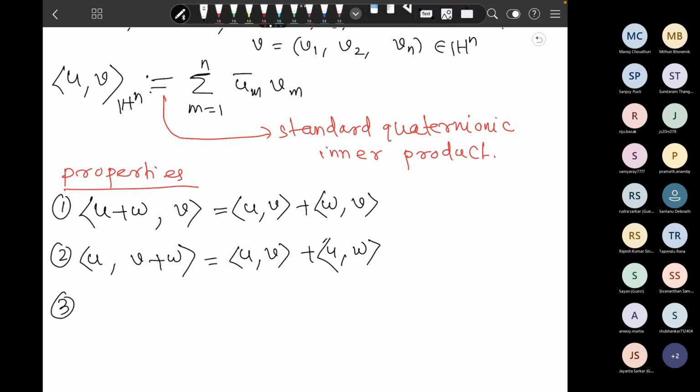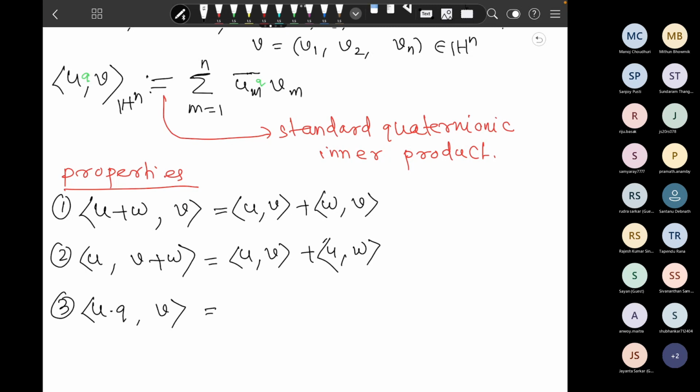The third property: suppose I multiply q here. Then q bar will be there.